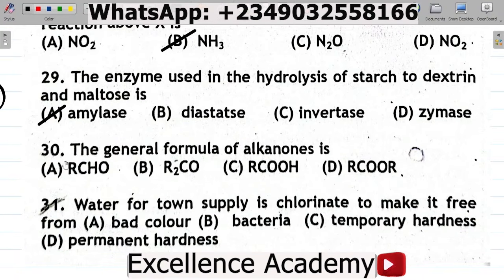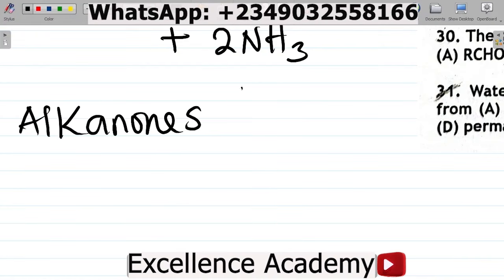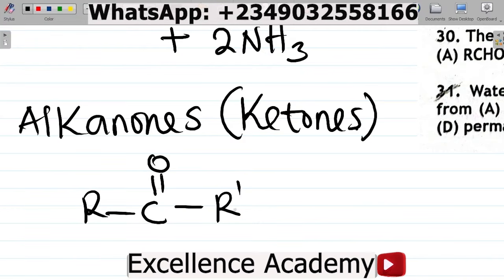Next up, question 30. Question 30 says the general formula of the alkanones is. Now for the alkanones, you want to note that the alkanones are also called the ketones, right? And for the ketones, you have your formula as C double bonded to oxygen, right-hand R, left-hand R, or you could say R prime if you want.